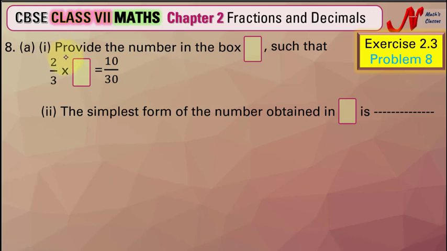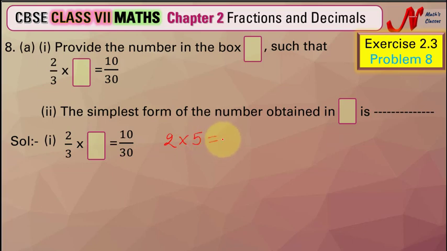In the problem it is given: provide the number in the box such that 2 by 3 times the box is equal to 10 by 30. And the second part is: the simplest form of the number obtained in the box is dash. By observing the given problem, if we multiply 2 with 5, we get the numerator 10.